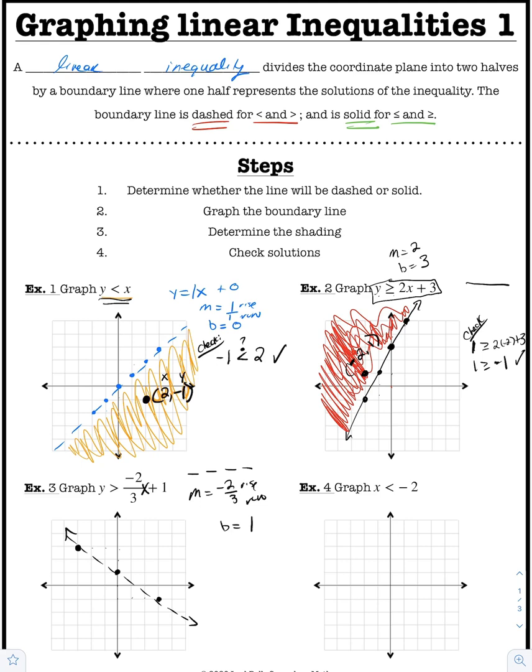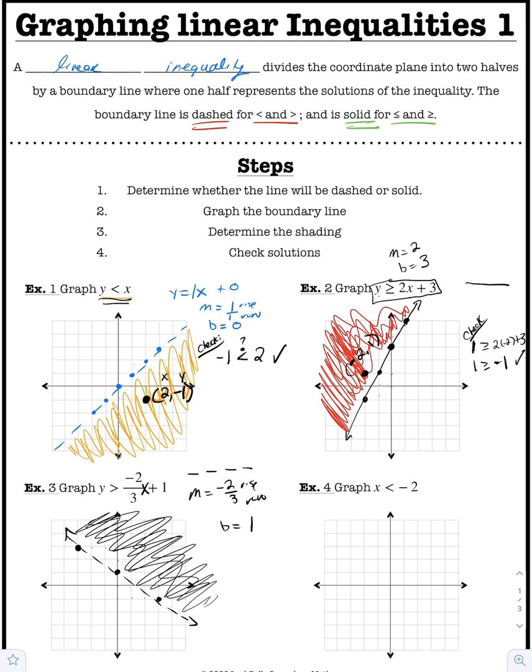We want y to be greater than this line. So where are the y values greater than this line? It should be anywhere up here. So we're going to do some shading here. And then we can check a solution in this region.